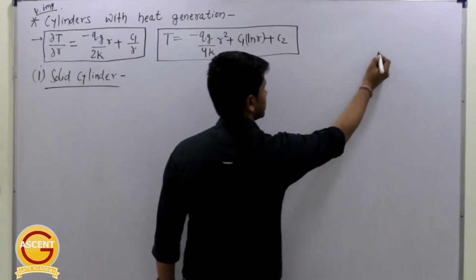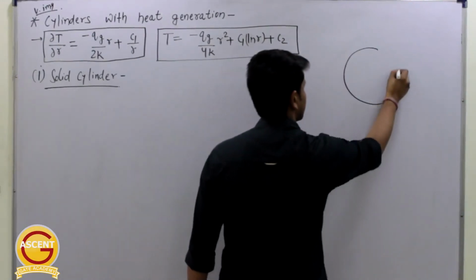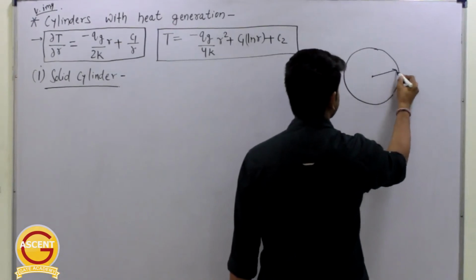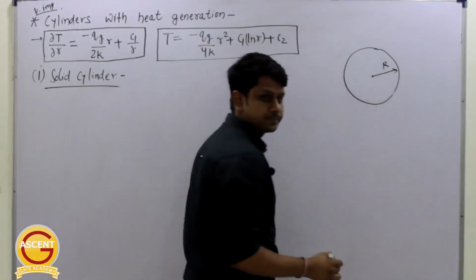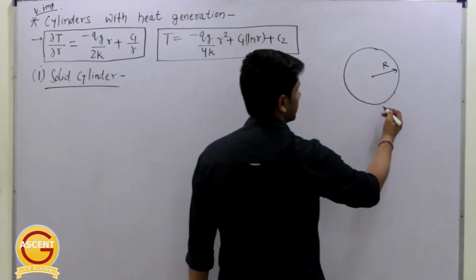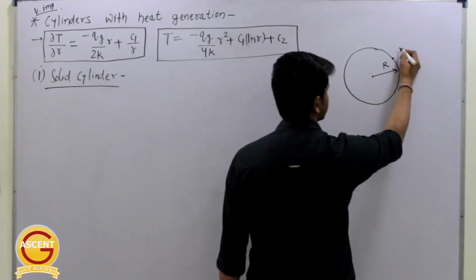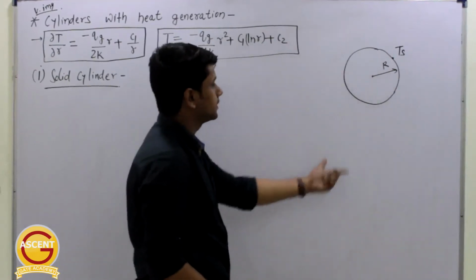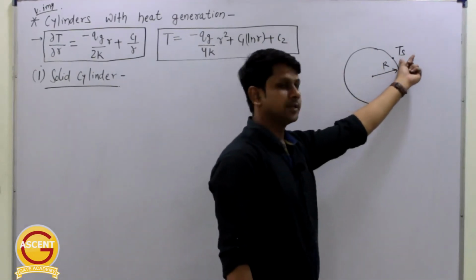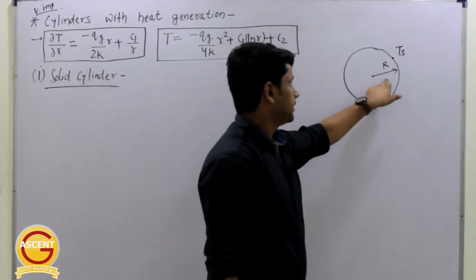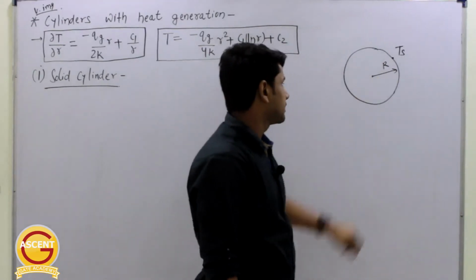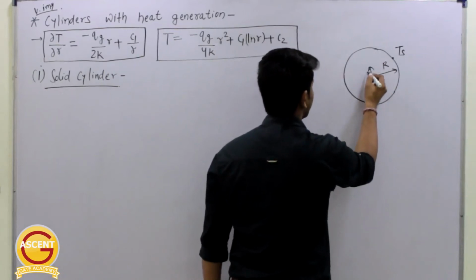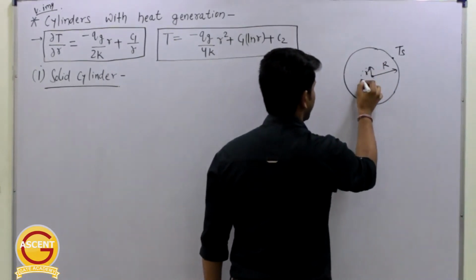So let's say there is a cylinder, the solid cylinder, and its outer radius is capital R, and let's say the temperature of the surface of this solid cylinder is Ts. So this outer surface of this solid cylinder is maintained at a temperature Ts. The radius of this solid cylinder is capital R, and let's say we are taking a small r as a variable.